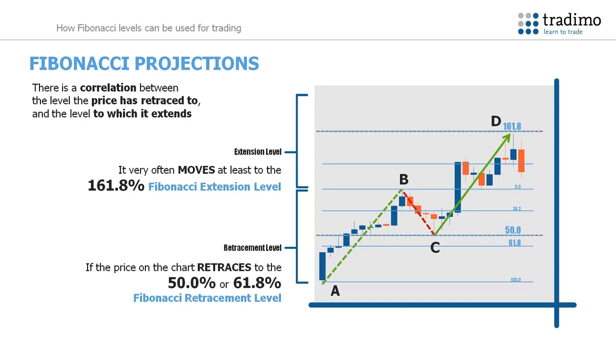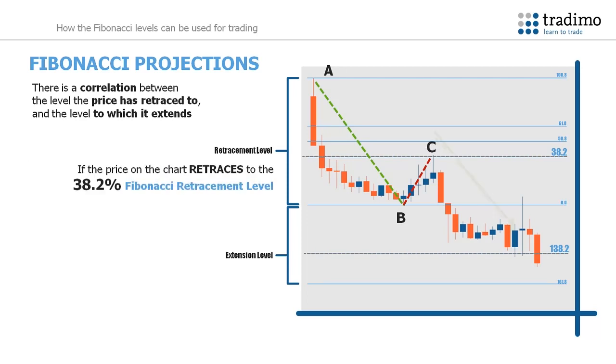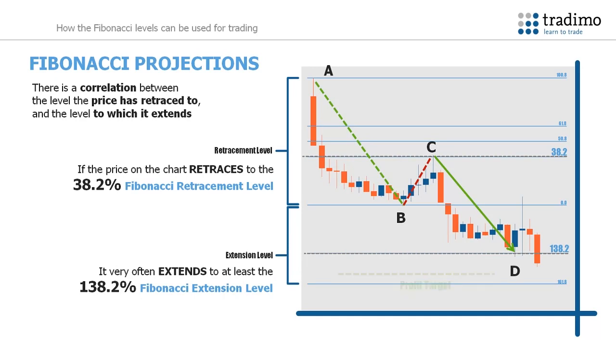So when entering a trade using the Fibonacci indicator, if you see that the price has come down to the 50% level, you can set your profit target at the 161.8% level. Likewise, it has been observed that more often than not, when the price retraces to the 38.2% level, the price will reach the 138.2% extension level, when the market is in a confirmed trend.